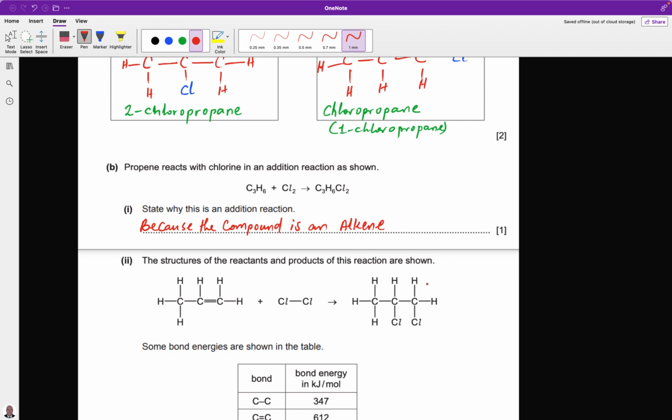So you can say it is an addition reaction because it is an alkene, or because the compound has a double bond.